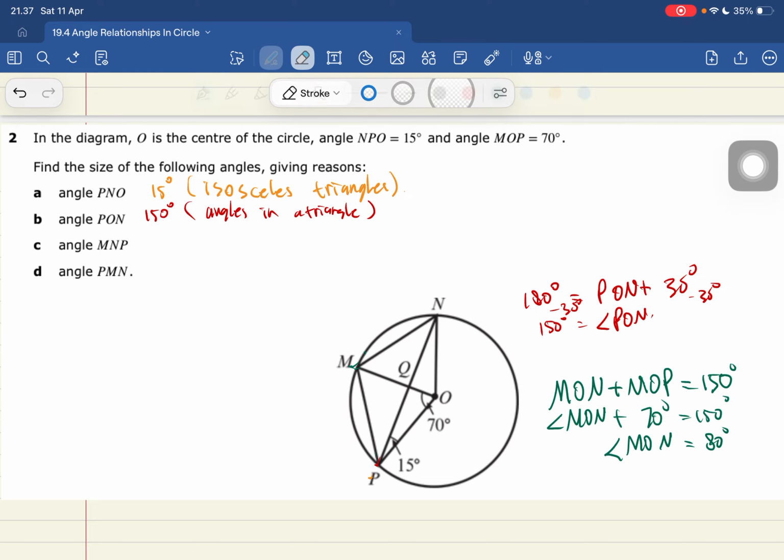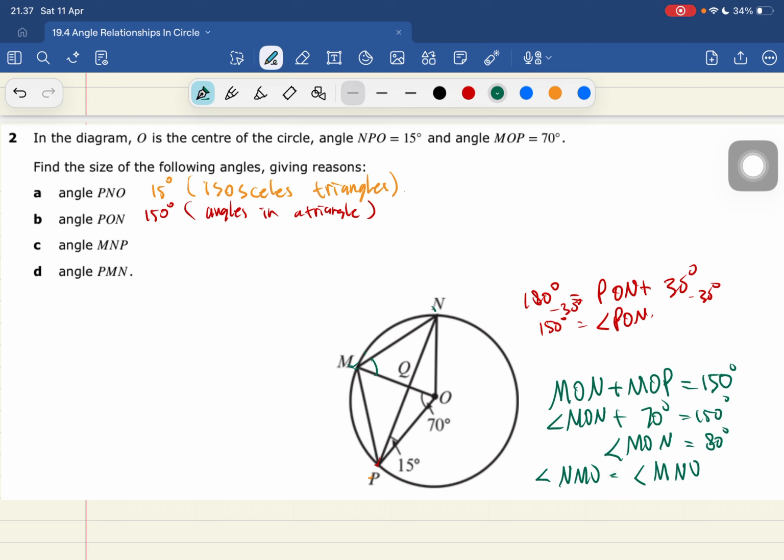Because this is isosceles, the angle NMO here equals the angle MNO.